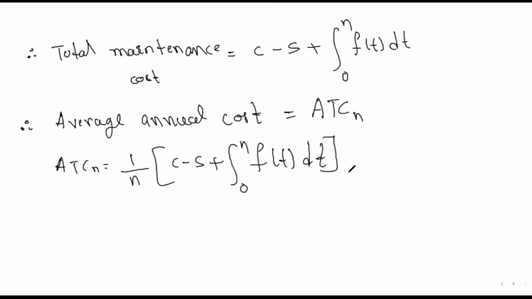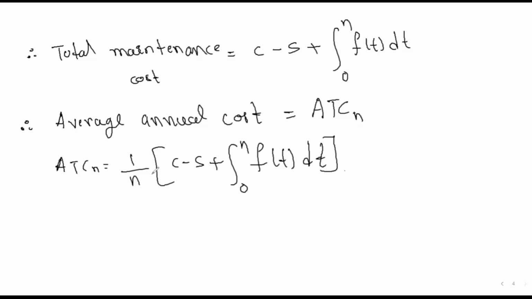So next, it is asked to find the value of n for which that average annual cost is minimum, right? We want the minimum of this function. Suppose you treat this average annual cost as a function, we want the minimum value of this function. For any function, if we want the minimum value, first we have to differentiate with respect to what we require.